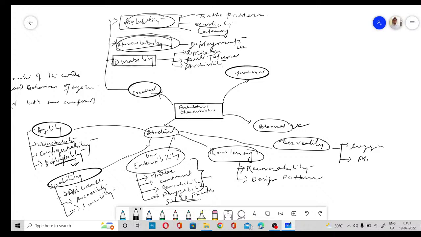And then you have the behavioral; let's say I'll park the behaviorals here. For the behaviorals you can consider whether there is securability, whether you have security or not. Under security there are plenty of things.